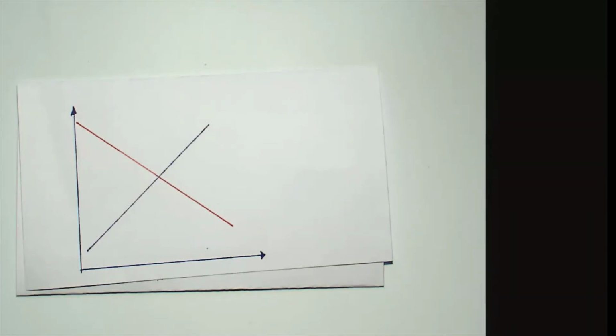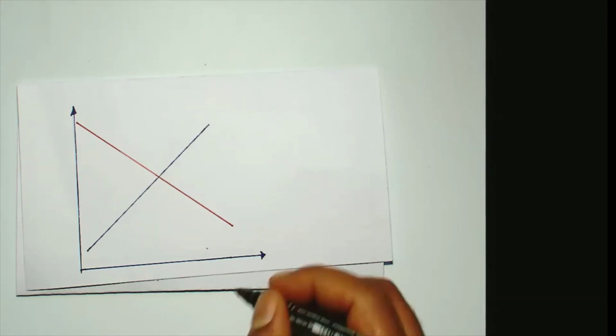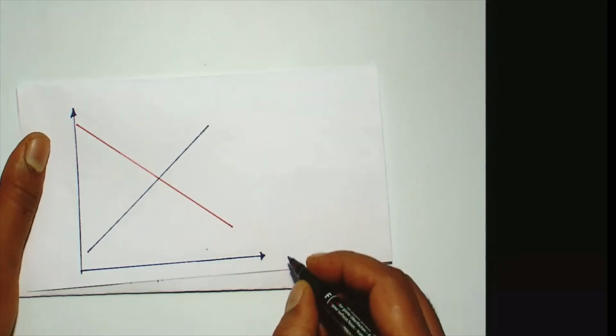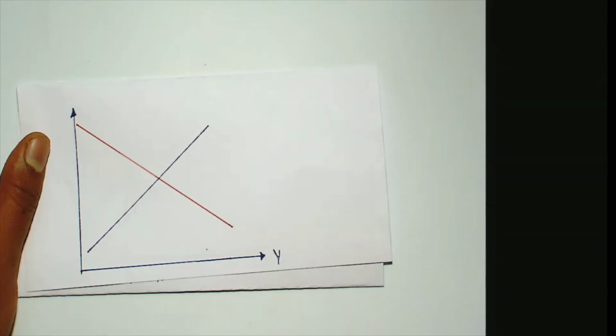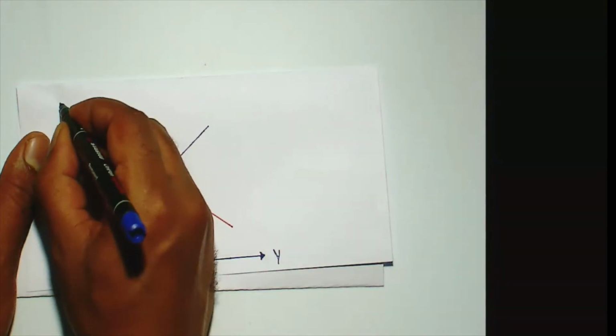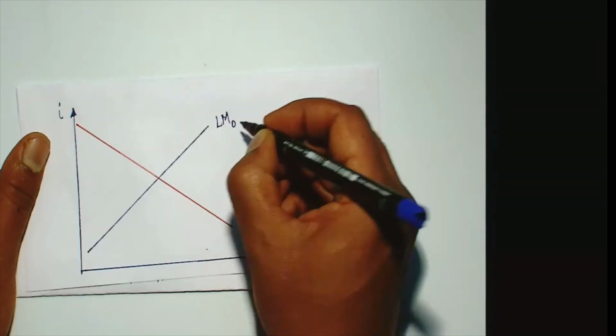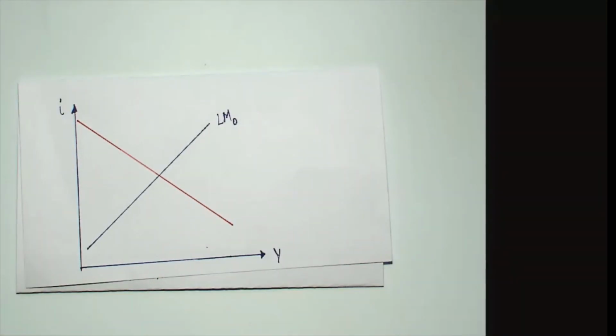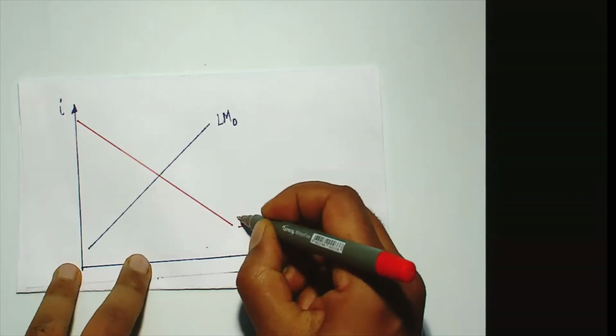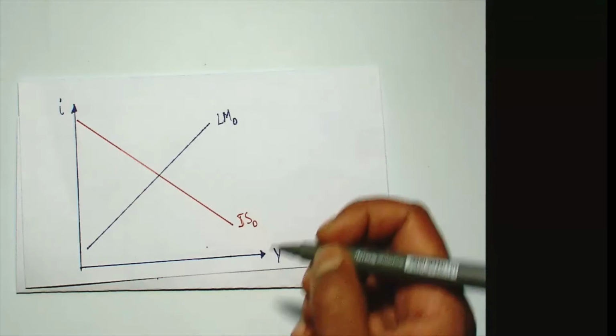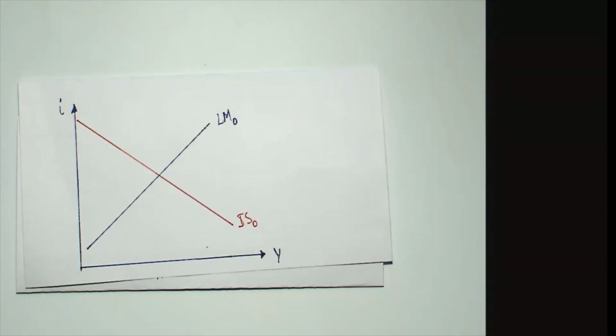For that we would again use our diagram, and we would put the labels initially. We would have income on our x-axis, interest rate on our y-axis. We have LM0, which is the initial LM curve, and IS0, which is our initial IS curve.